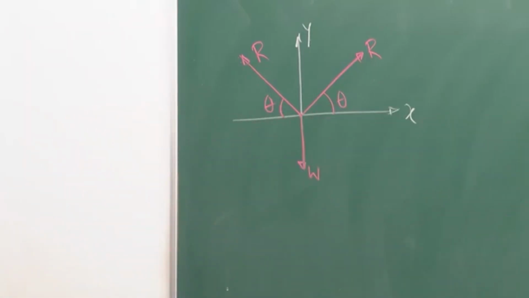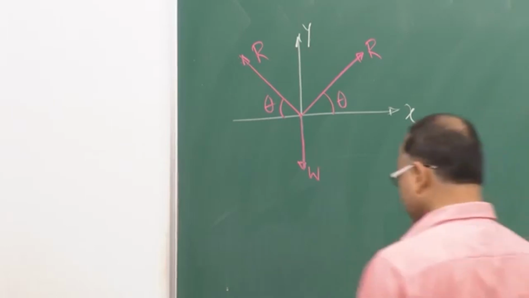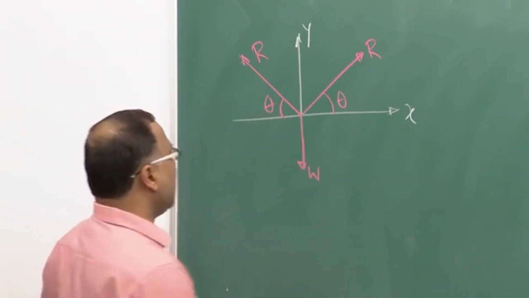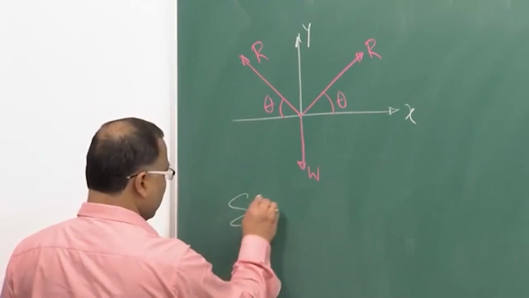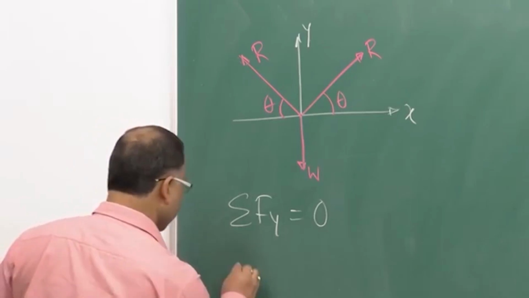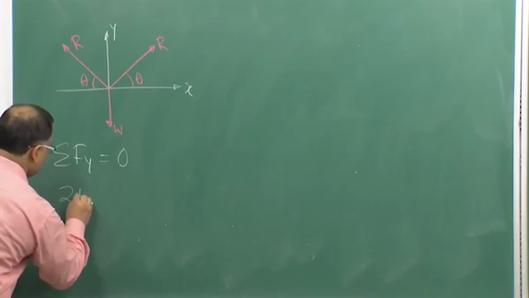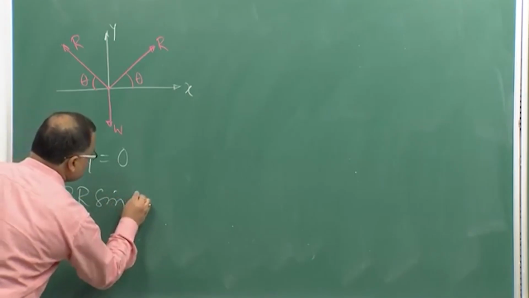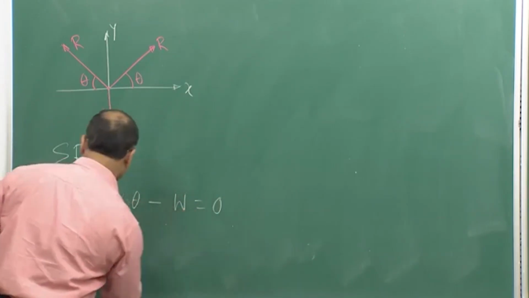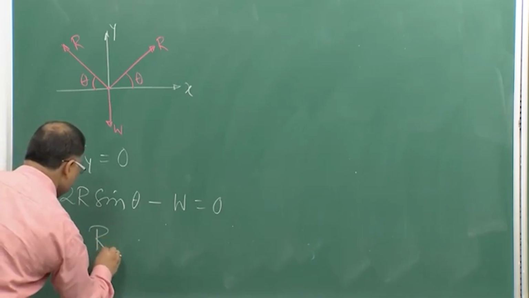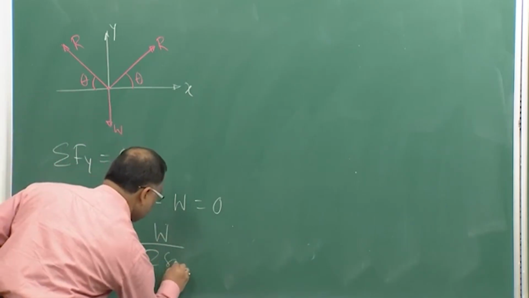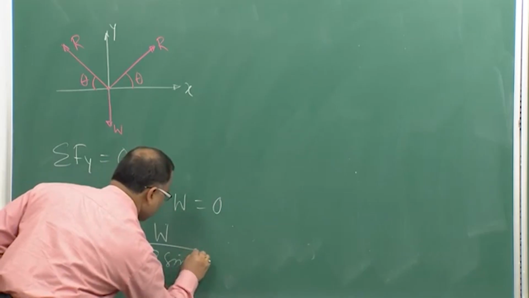Because this is in equilibrium, twice R sin theta minus W equals 0, from which R equals W by twice sin theta.